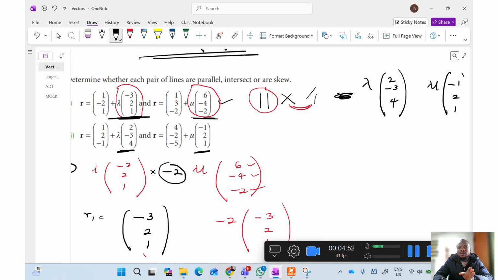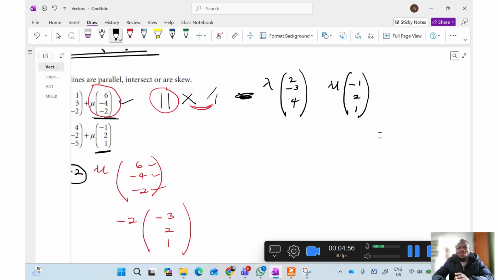If you take a look at these two values, is there anything common? There is nothing common to these three values, because 1 times 4 gives 4, 2 times 4 cannot be minus 3, and so on.